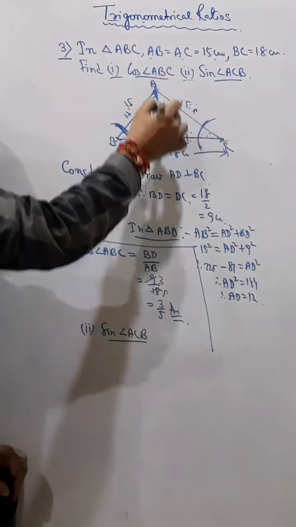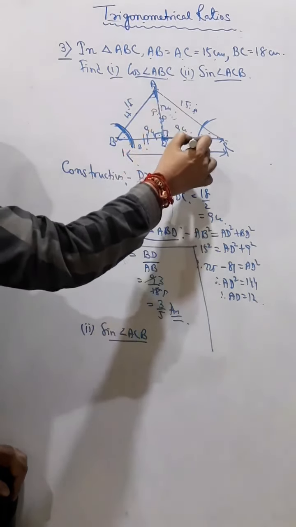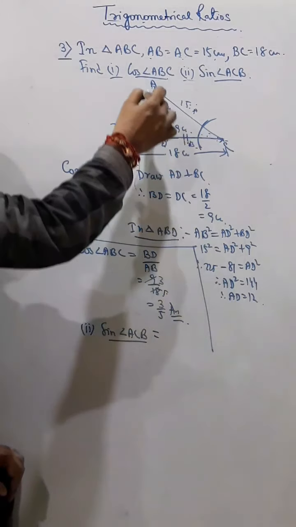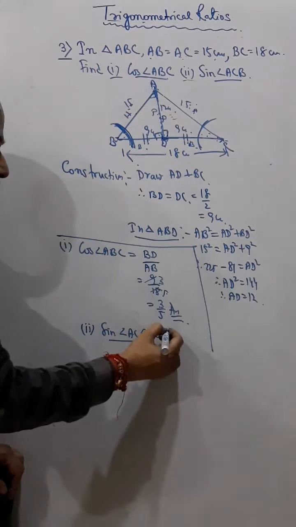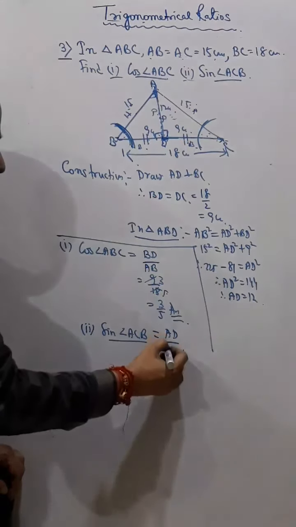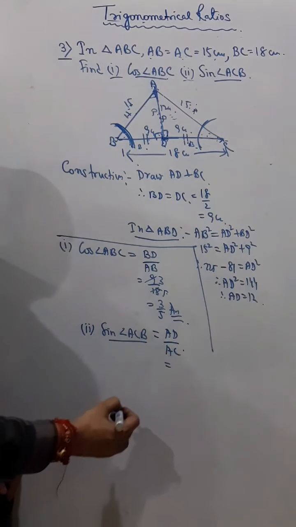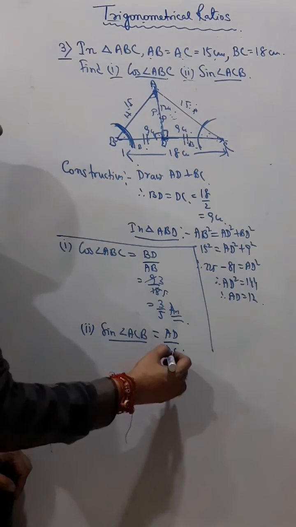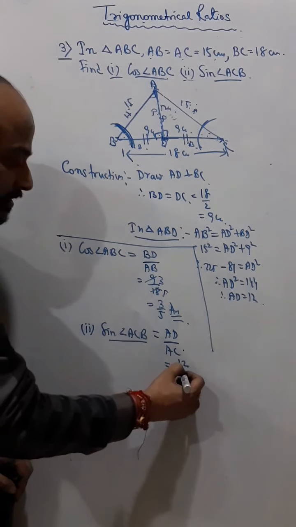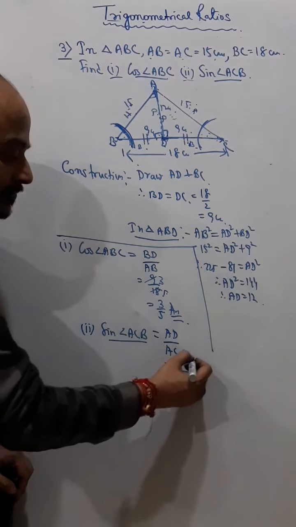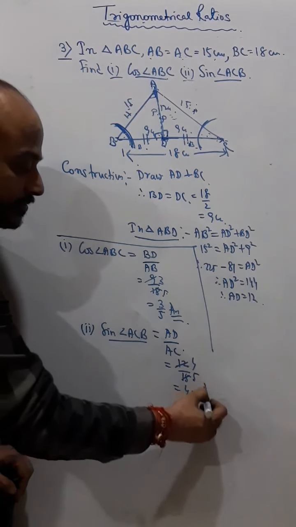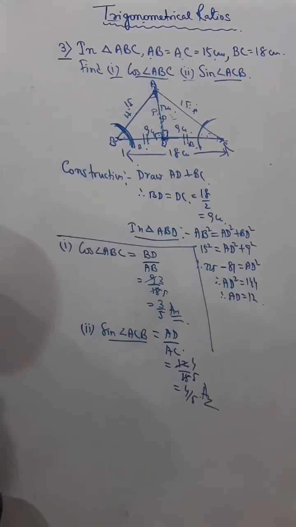Opposite to this, AD, so this is perpendicular and this is base. And sine means, you know, perpendicular by hypotenuse. So perpendicular is AD and hypotenuse is AC. So AD is 12 and AC is 15. So 3 4s are 12, 3 5s are 15, so it is equal to 4 by 5. Okay, understand?